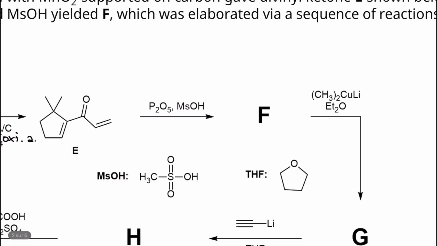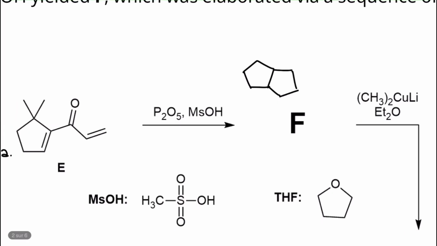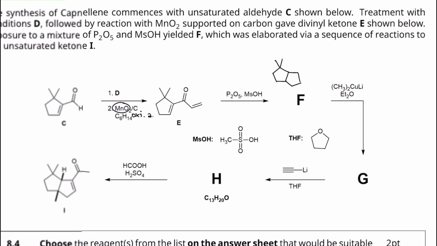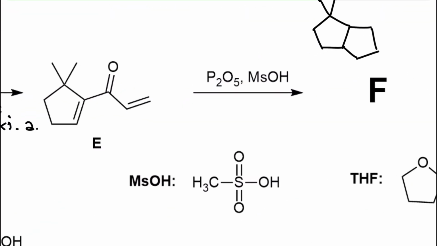It's going to be 2 cyclopentane rings together, like so, and then 2 methyl groups right there. This double bond will disappear, and then I'm just going to redraw and put this right down to there. It's going to be like this.